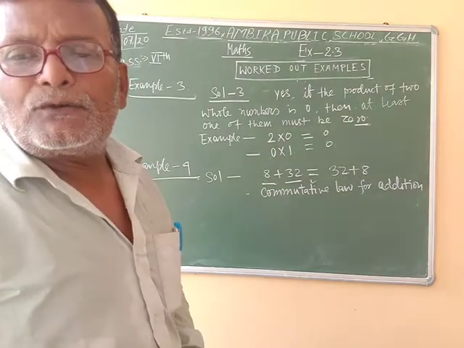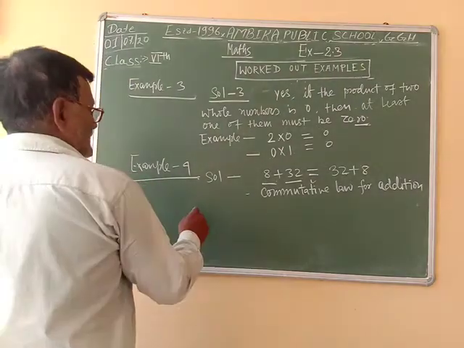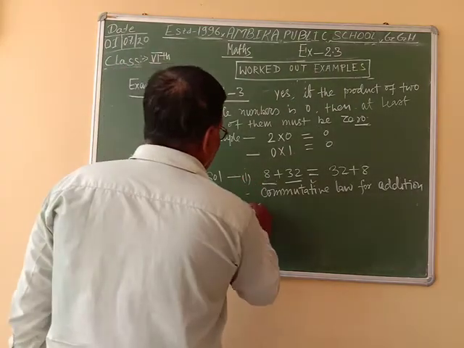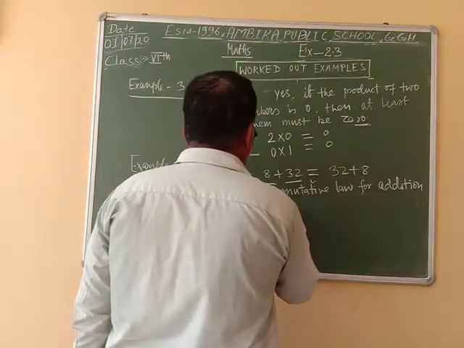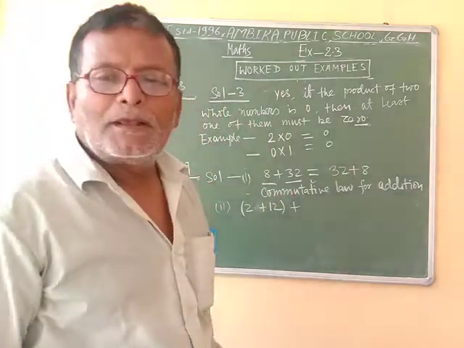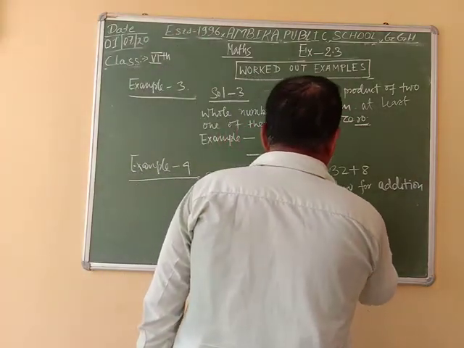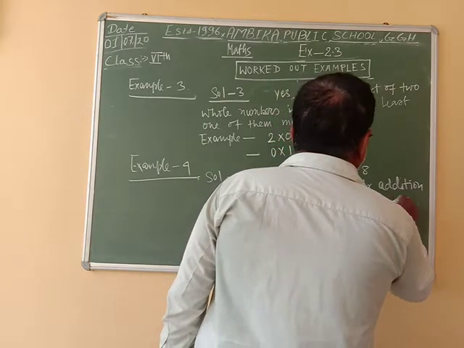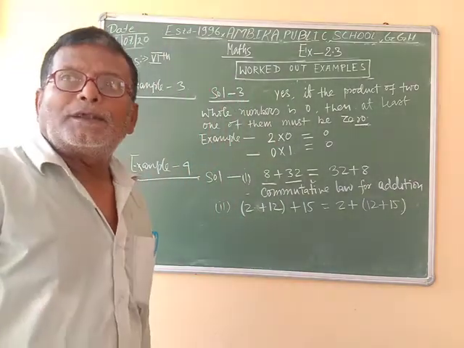And question number 2: 2 plus (12 plus 15) is equal to (2 plus 12) plus 15. This law is called the associative law for addition.